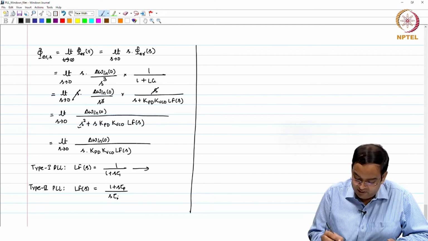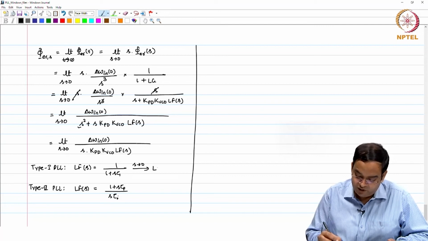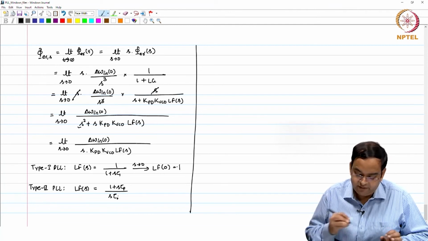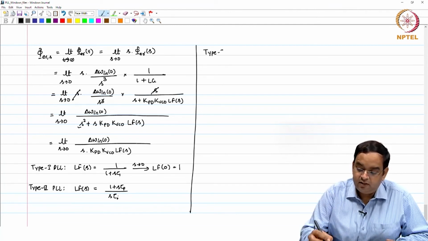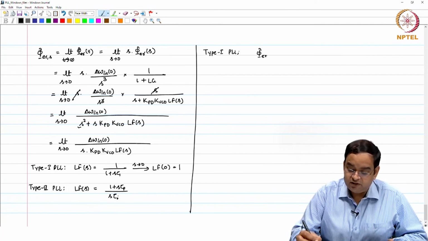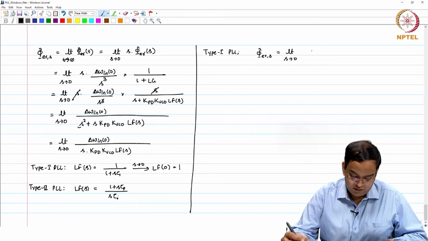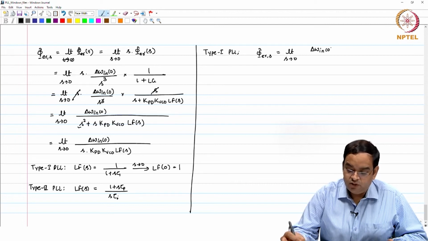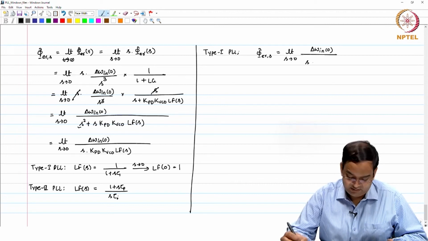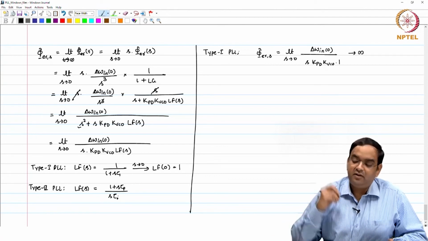For type 1 PLL, as s tends to 0, the loop filter of 0 is 1. For type 1 PLL, phi error of steady state is equal to limit s tends to 0 of delta omega in 0 divided by s into kpd k VCO, loop filter of 0 being 1, which as s goes to 0 goes to infinity.